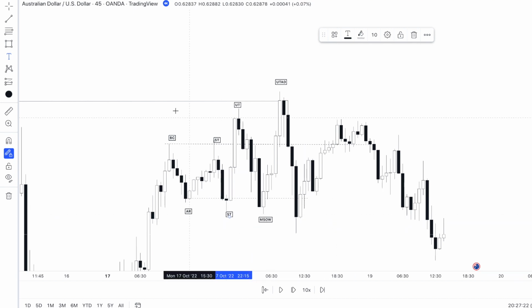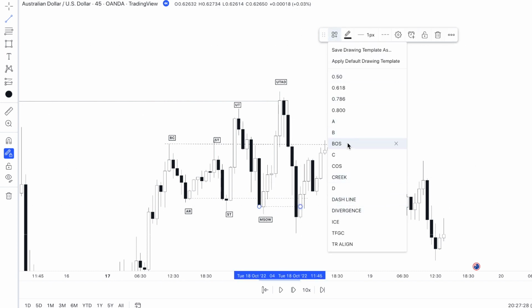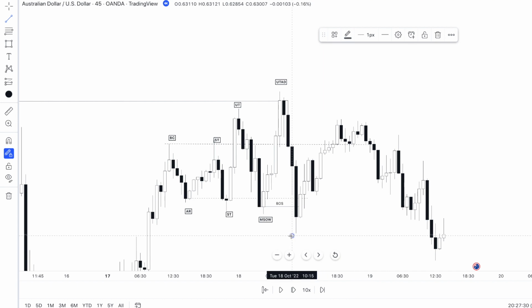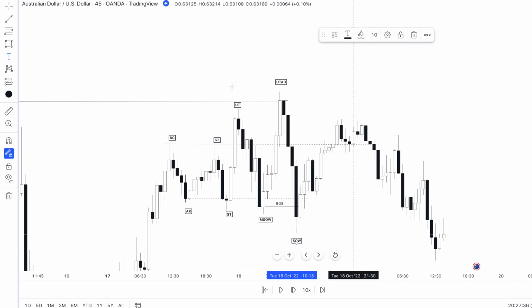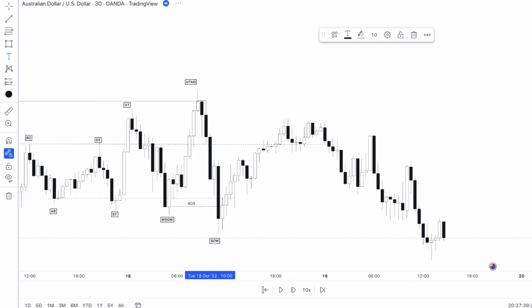And our break of structure to our major sign of weakness. Okay, and then we have our entry a little bit on a lower time frame.